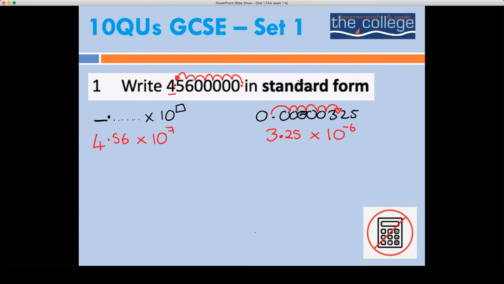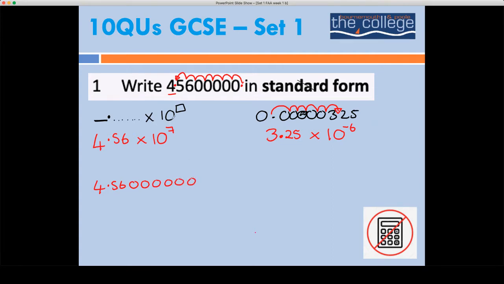Okay, so this is an ordinary number here, but these are standard form numbers. If you're given this sort of thing, you have to put it back into an ordinary number. What you would do then is have your standard form number, lose the power 10 bit and put a load of zeros on the end here.